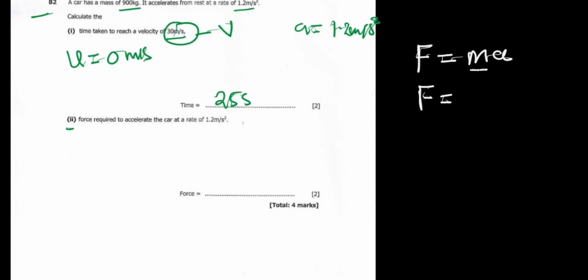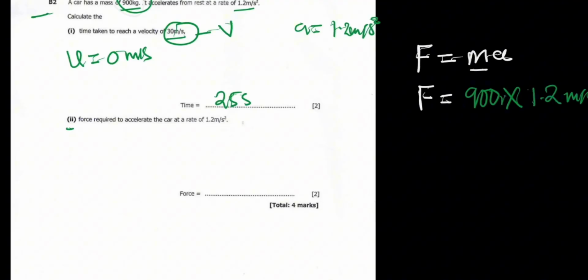Notice that here we need to have mass, and fortunately we have the value of mass here, which is 900 kg. So we are going to use that 900 kg and multiply it by the acceleration that we have, which is 1.2 meters per second squared.